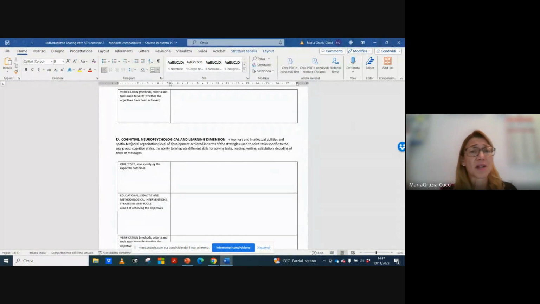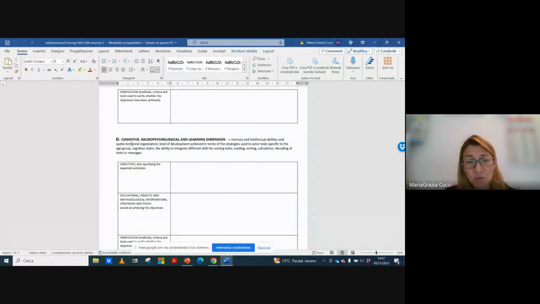Why? Because the incorrect use of space organization could have as a consequence the fact that the student is not able to use the device in the correct way, is not able to keep the spaces in order.